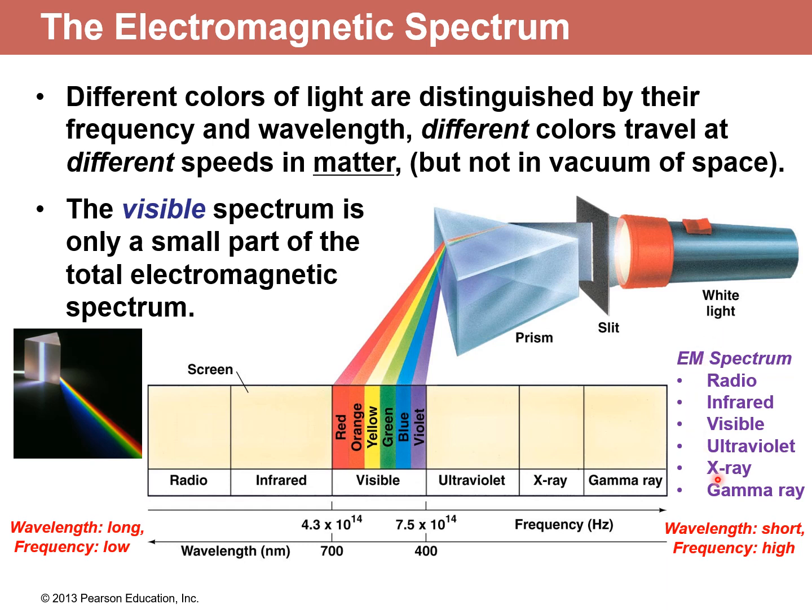I listed them here. They're the radio, the infrared, the visible, the ultraviolet, the X-ray, and the gamma ray. These are the 6 categories of every possible electromagnetic wave we can have.